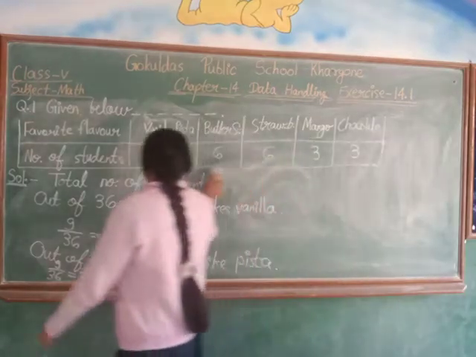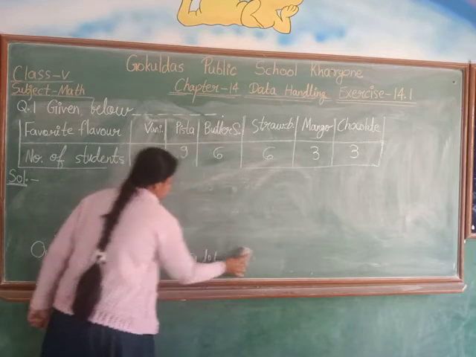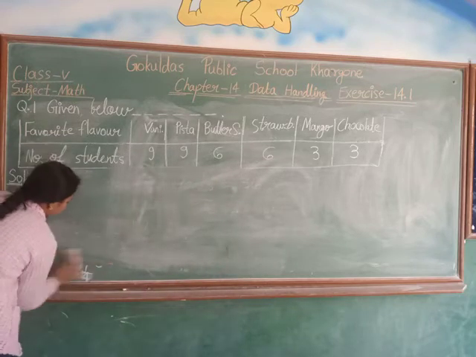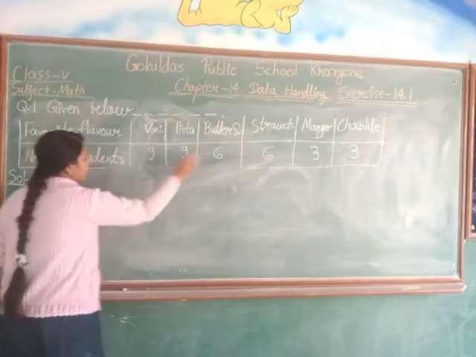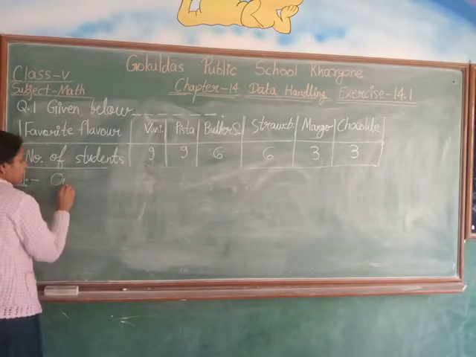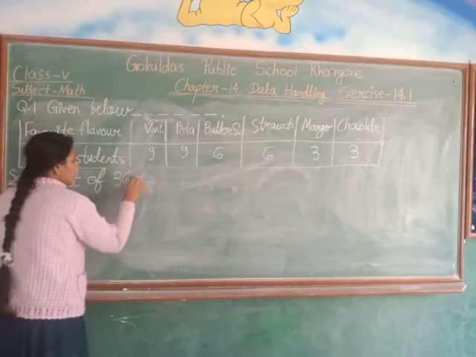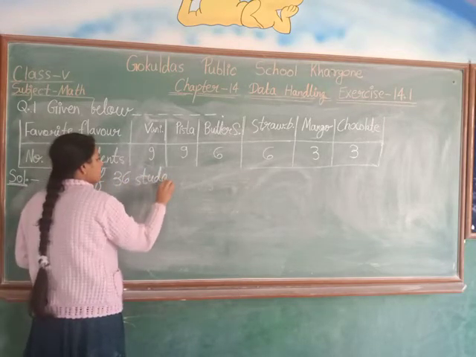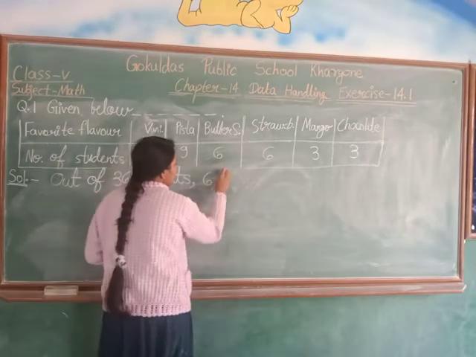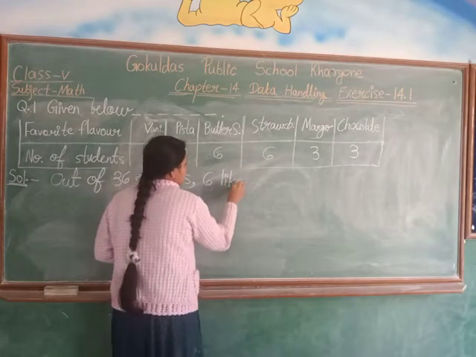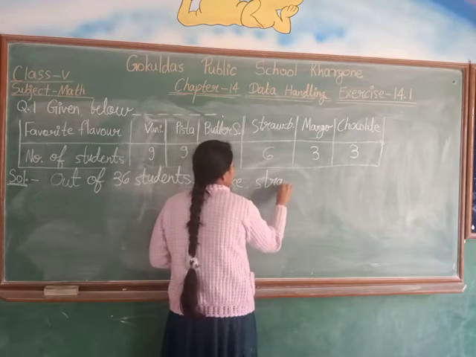Okay, now I am erasing. This question is not over yet, okay? Now we are going to write for butterscotch flavor. So in the next line, write out of 36 students, 6 like strawberry flavor.